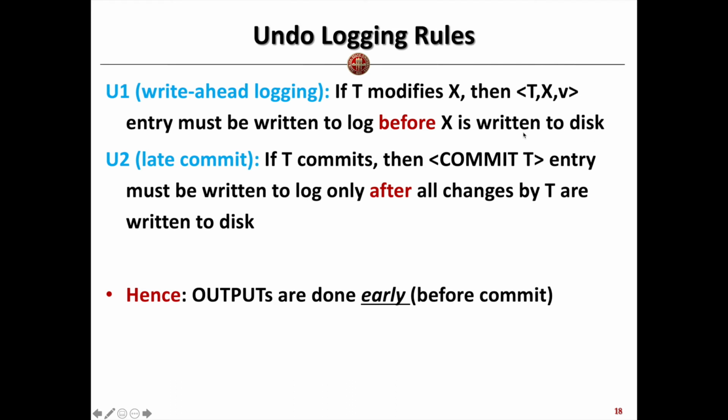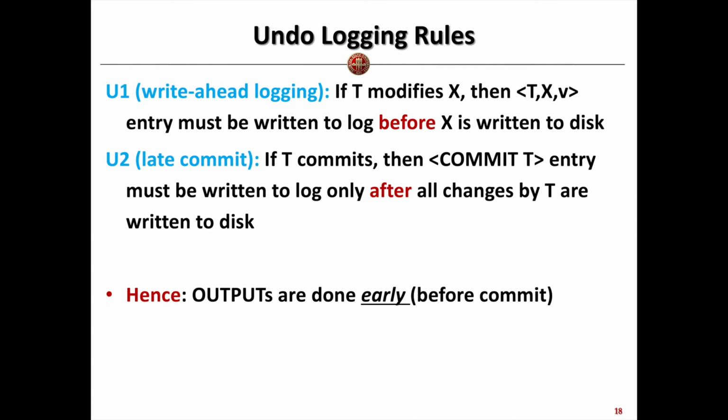It is also called the before-image record, and V is called the old value. Before we make these effects real and write them back to the disk, we have to write this record to the log file.